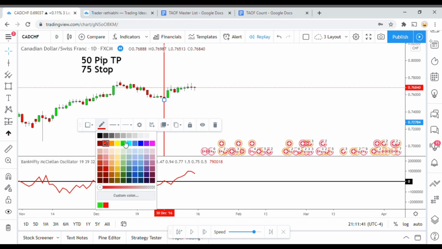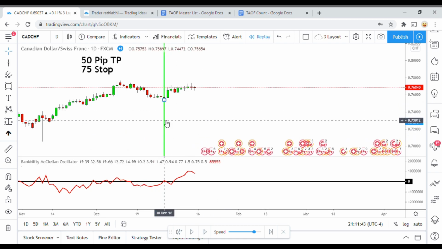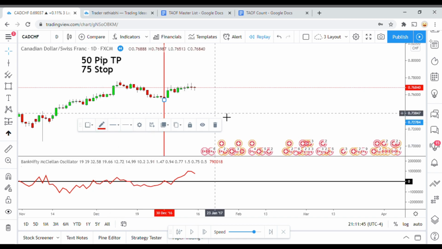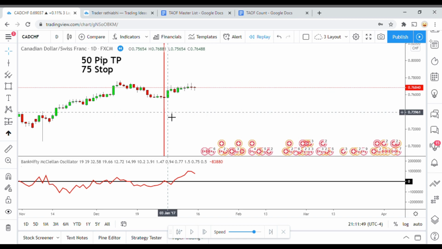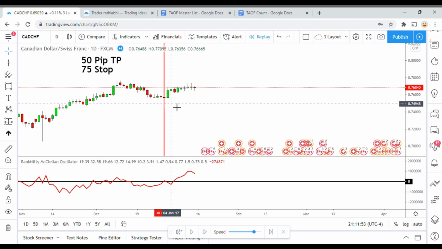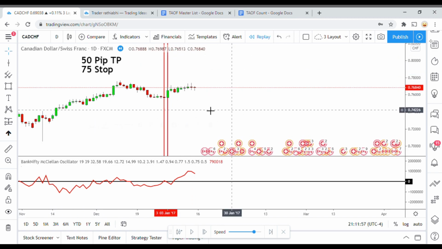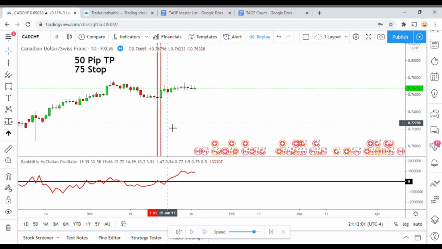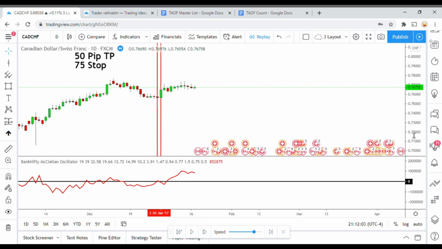So there is the first signal right there, and unfortunately it was not a good signal. It turned around and went short on us almost immediately here, and then turned around and went long without going down at all. So not that wonderful.